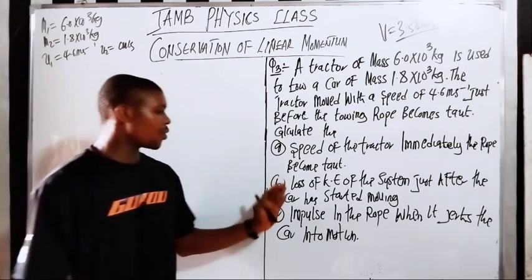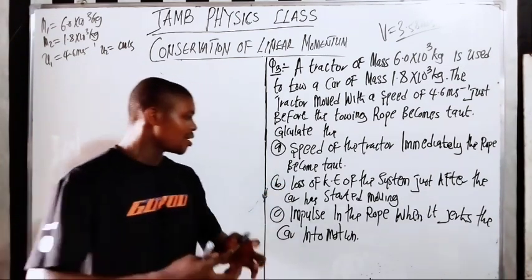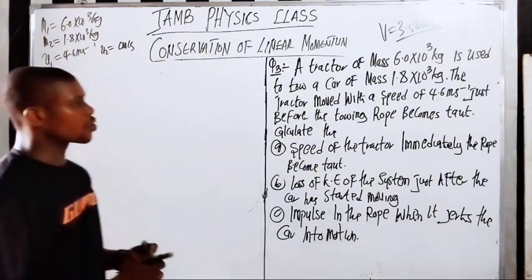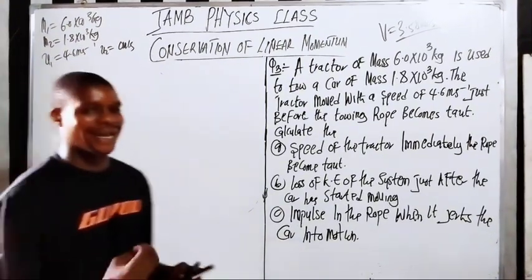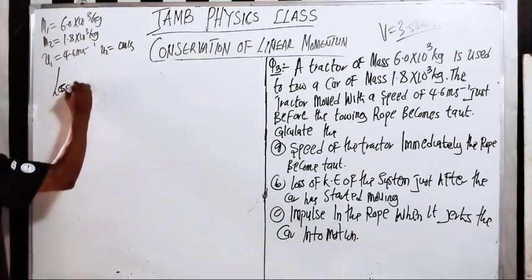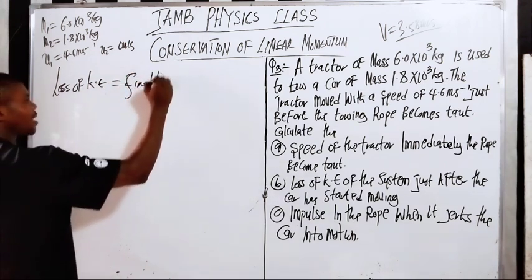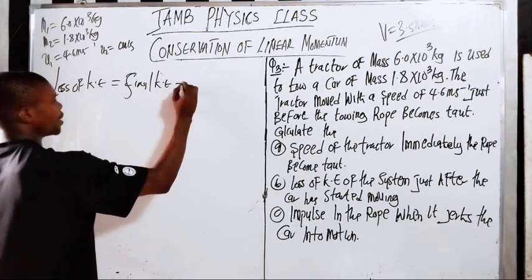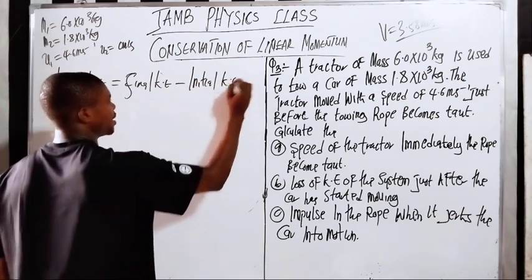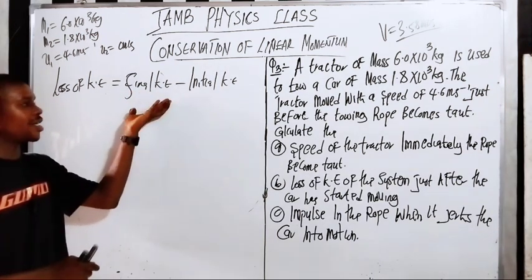B, calculate the loss of kinetic energy of the system just after the car has started moving. If you want to talk about the loss of kinetic energy, loss of kinetic energy equals final kinetic energy minus initial kinetic energy.